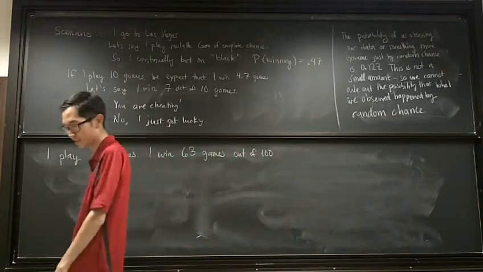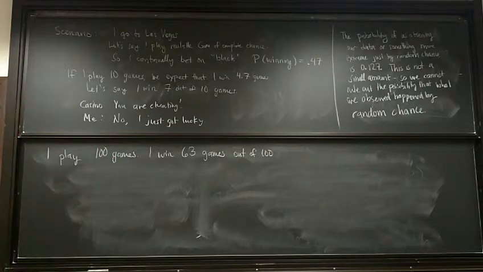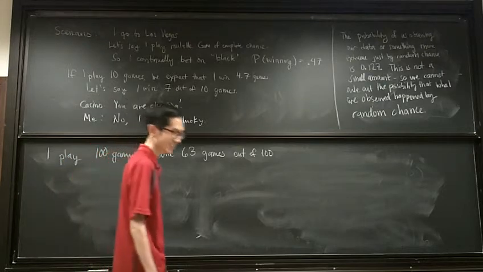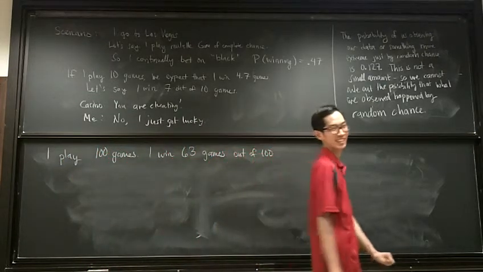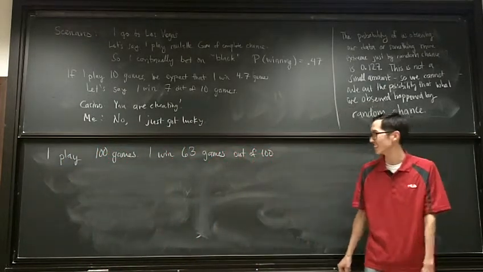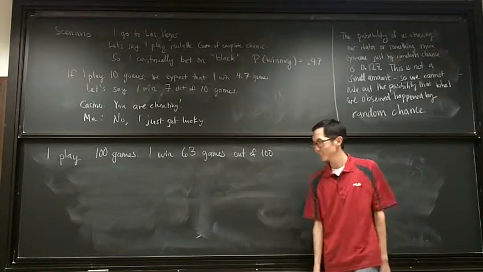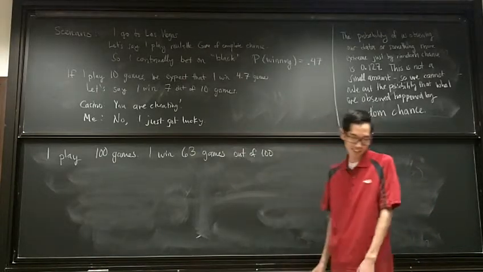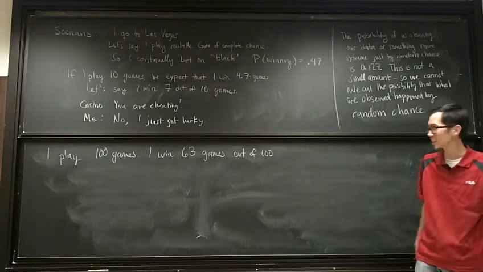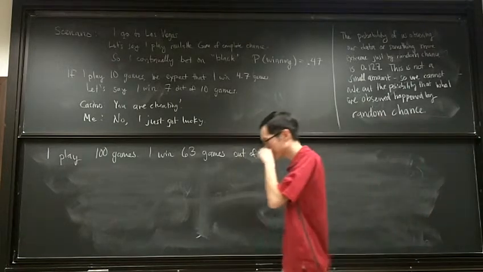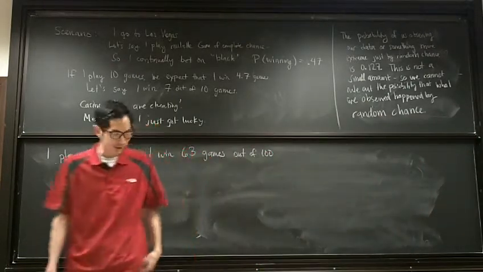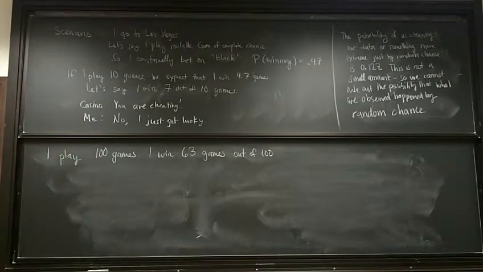The casino manager comes out. You're cheating. So what's my argument? Nah, I got lucky, right? He's like, you won 63 games out of 100. I said, no, I just got lucky, right? So what do we say?